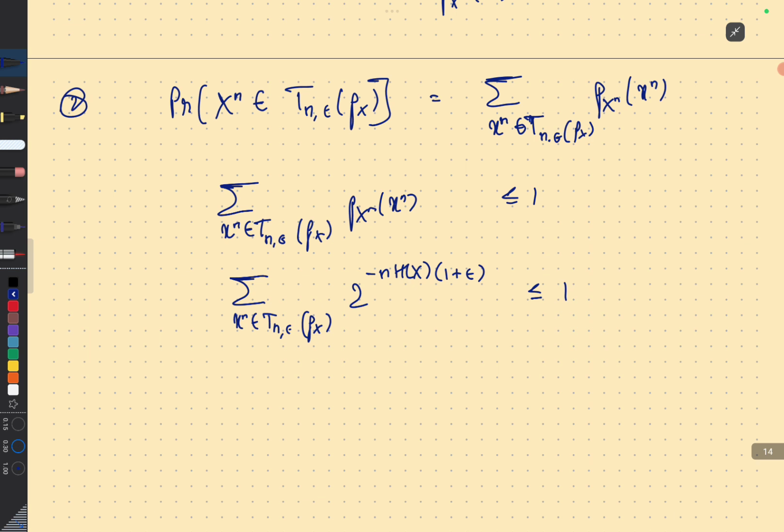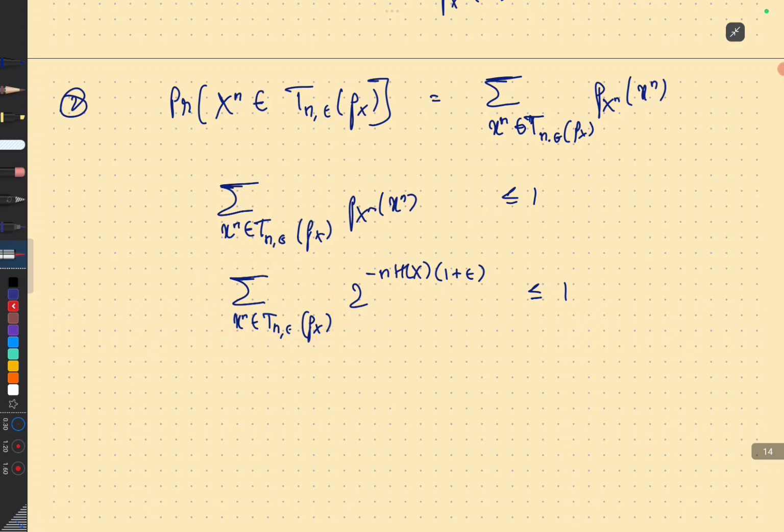Now this quantity no more depends on xn. I can take it outside the summation. So this is basically the number of terms in the summation times this particular quantity. But how many terms are there in the summation?